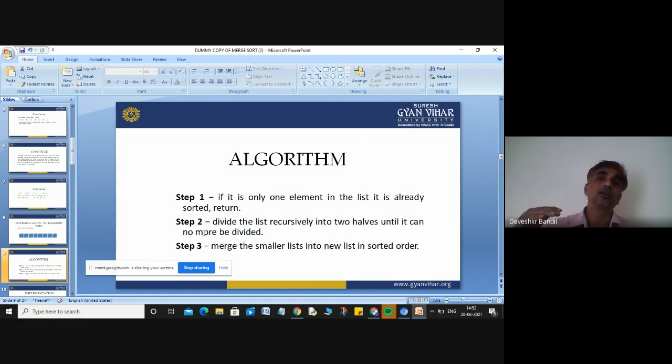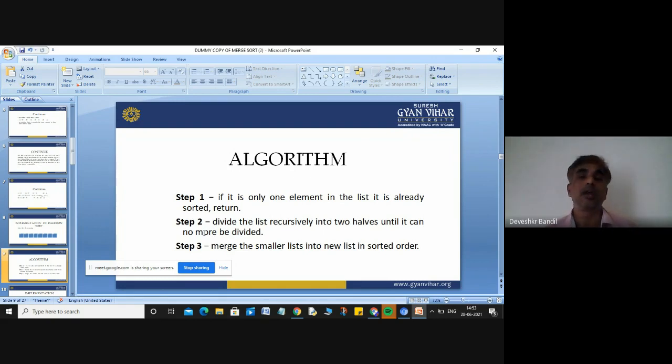First you will write this instruction, after that this instruction, after that this instruction. That's why an algorithm is compulsory before implementation of any technique.